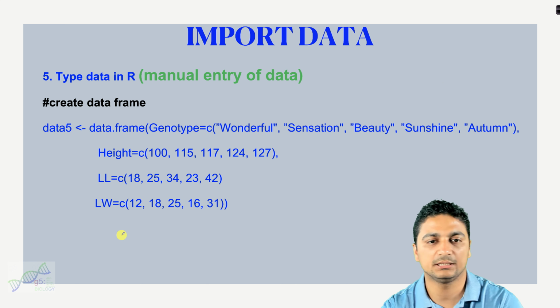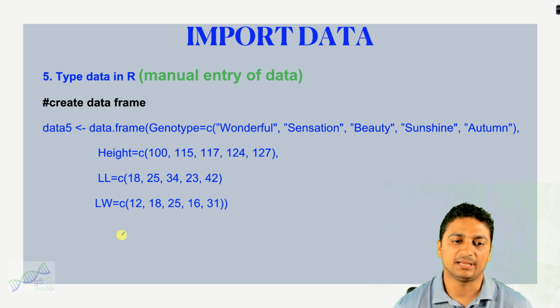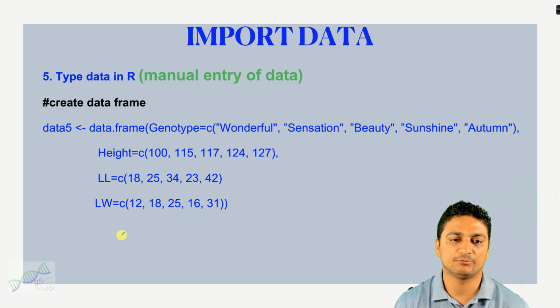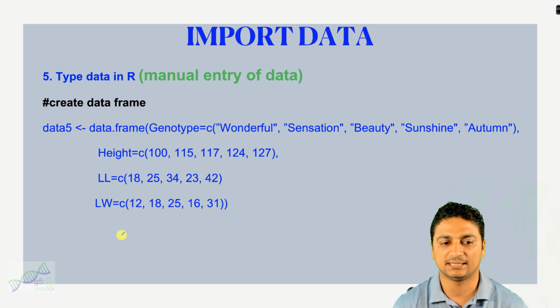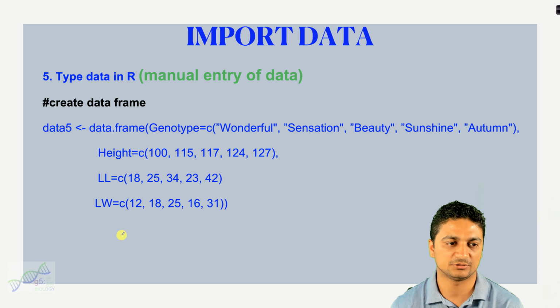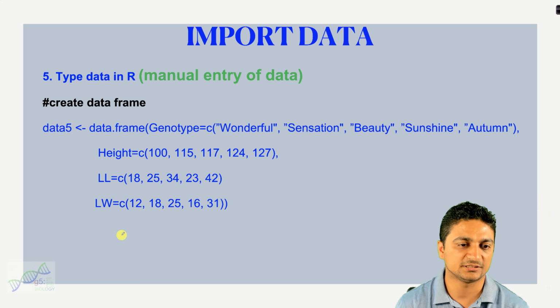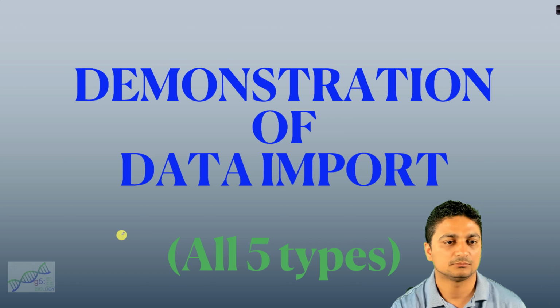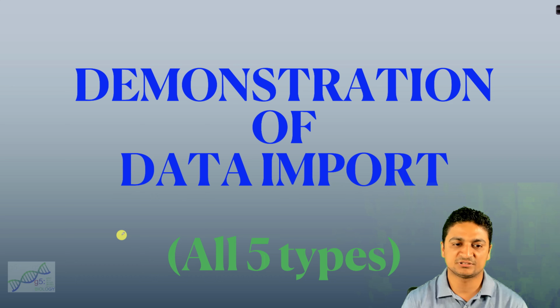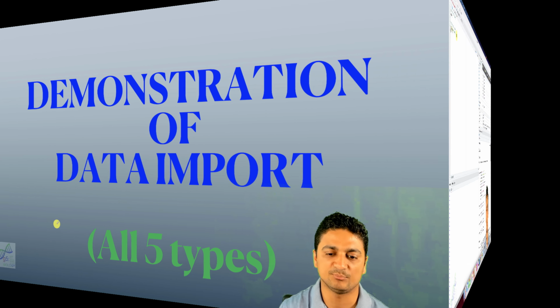And the fifth way to import the data is by manually typing the data, and this one is very useful when we are doing some analysis and, instead of importing any other data, we want to immediately type the data and do instant analysis for demonstration purposes. So I'm also going to focus on this manual entry of the data type. So now let's move ahead and go to RStudio, and we'll demonstrate those 5 different types of data import.